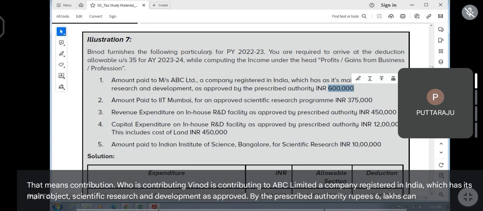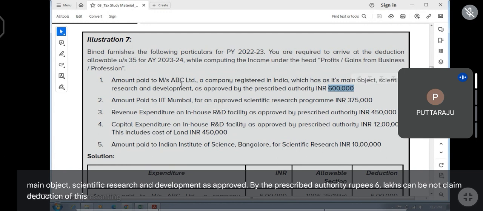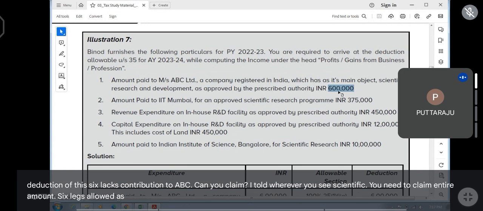Can Vinod claim deduction of the 6 lakhs contribution to ABC? Can he claim? I told you, wherever you see scientific, you need to claim the entire amount. 6 lakhs allowed as deduction.